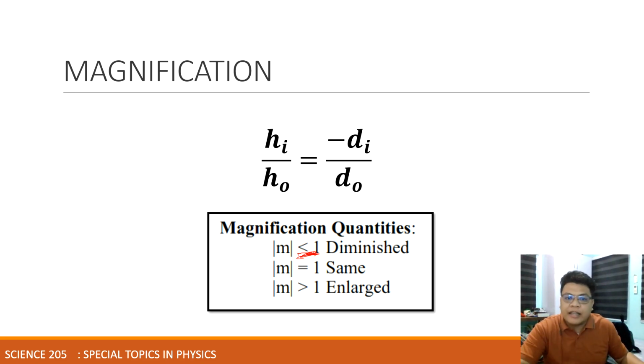It reduces its size. Kapag naman po equals to 1, the size of the object and the image is the same. While if it's greater than 1, the image becomes larger or enlarged. Lumaki po yung ating image. Okay, so yun po yung ibig sabihin nito.